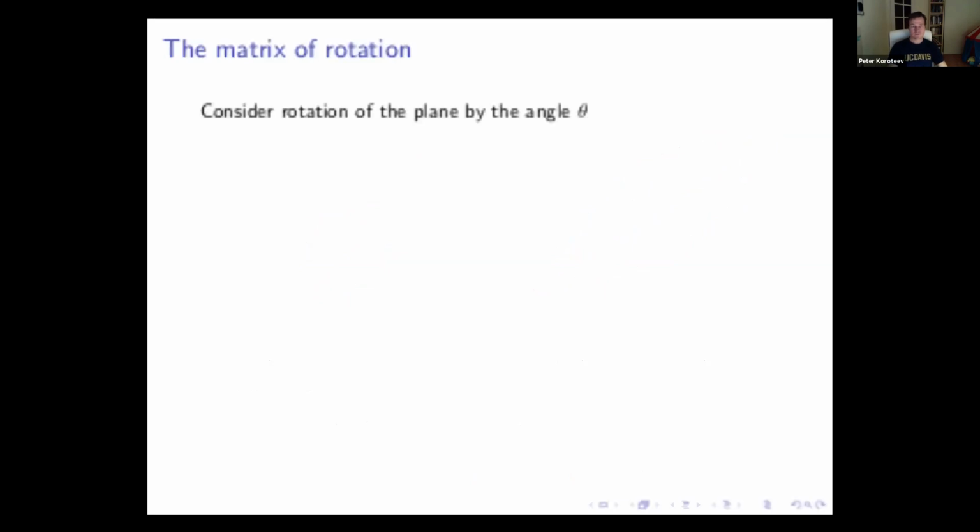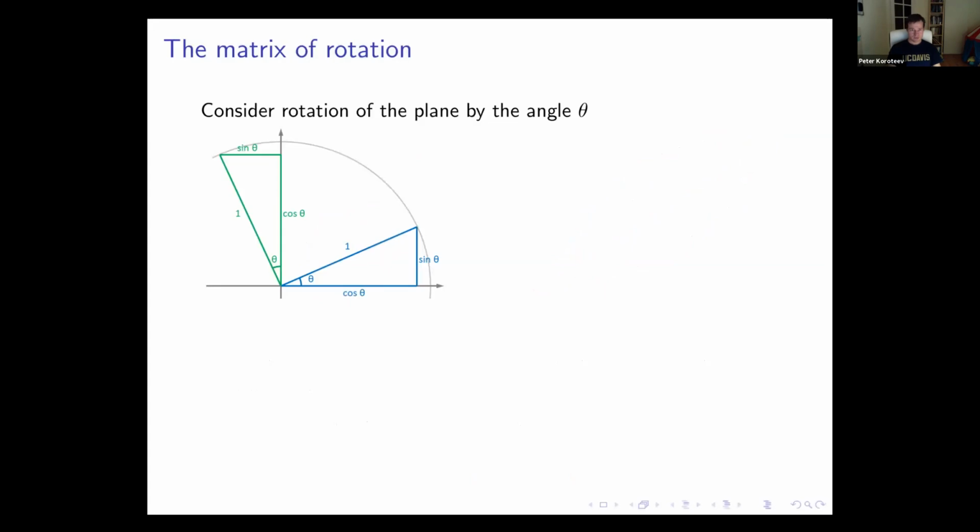So let's start with rotation. Let's consider rotation of the plane by the angle theta. So here's the picture from high school, right? We have a unit circle, and if you mark a point on the unit circle, its x coordinate is the cosine of the angle, and its y coordinate is the sine of the angle.